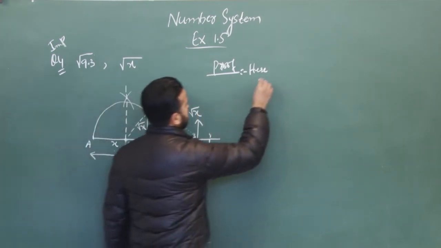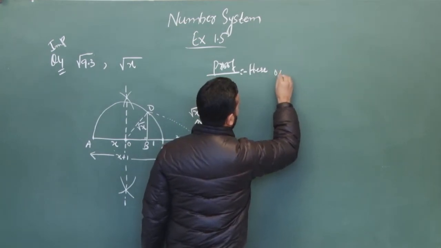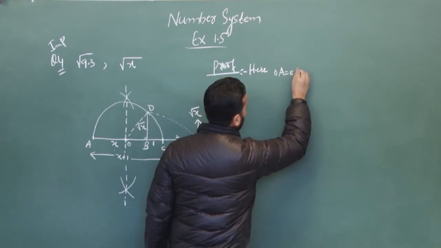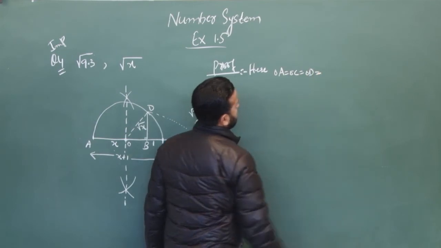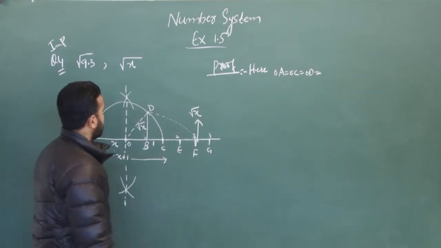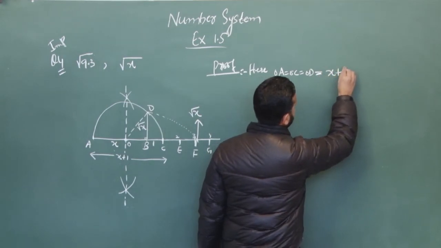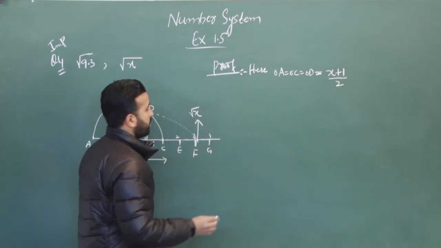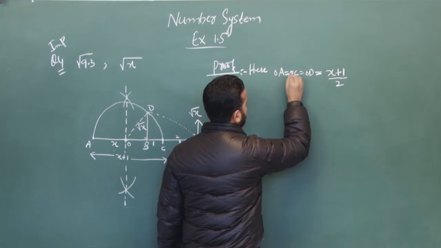So we can write here OA equal to OC equal to OD. They are equal to x plus 1 by 2. And there is no doubt about that. This point is clear from the figure.